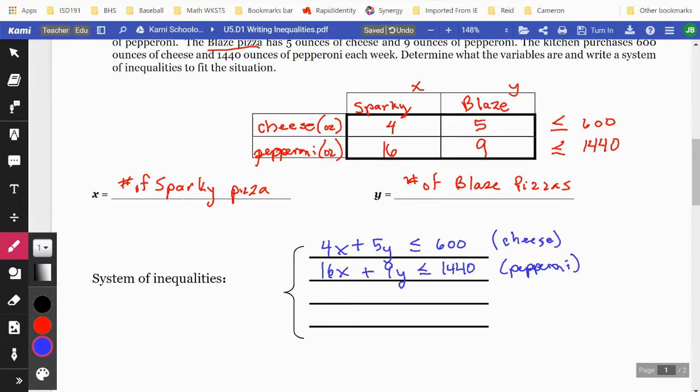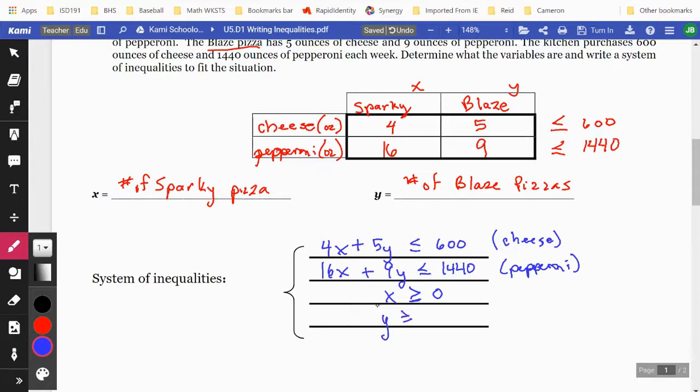Now the last two inequalities are for X and for Y. X is the number of Sparky pizzas, and the BHS Pizza Kitchen could make 0 Sparky pizzas, or 1 Sparky pizza, or 2 Sparky pizzas, or 3 Sparky pizzas, and so on. What they can't do is make a negative number. So just like in the last example, we want to say that X has to be greater than or equal to 0 to show that X can't be a negative number.